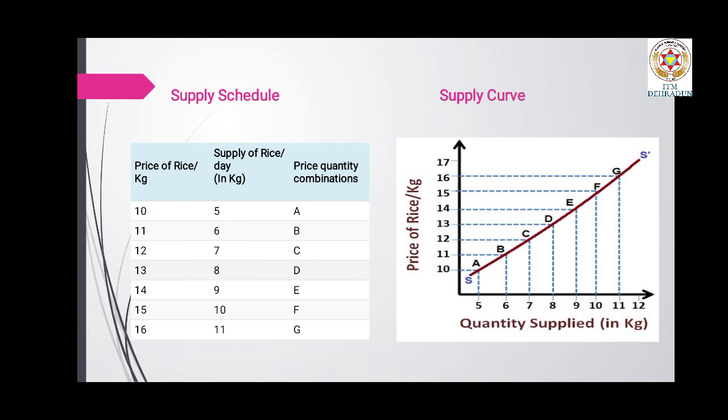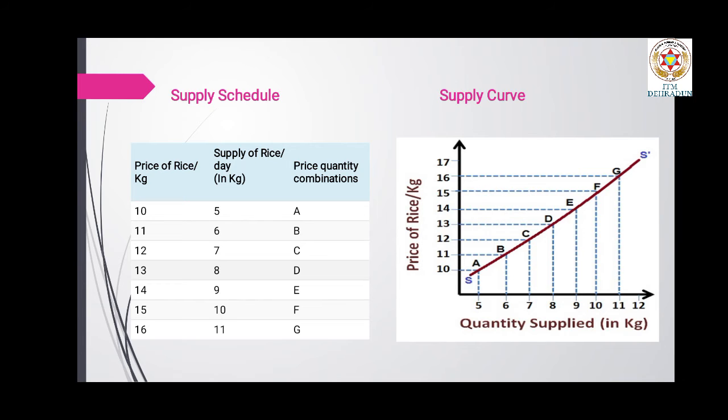So here we can explain the law of supply with the help of a supply schedule and a supply curve. The supply schedule of any product is a tabular statement of different combinations of price and quantity supplied of that commodity. So here, with the increase in the price of the product, the supply of the product also increases.